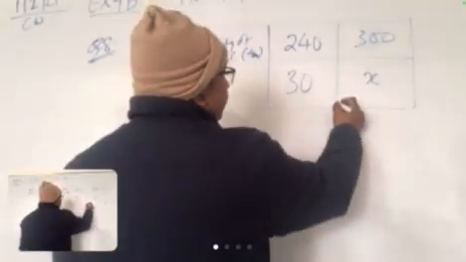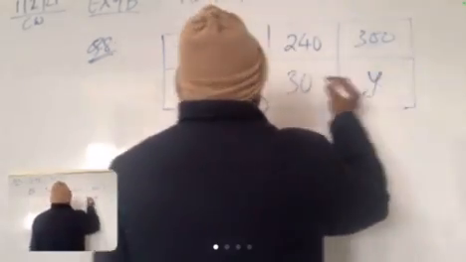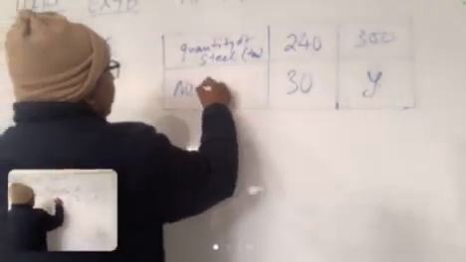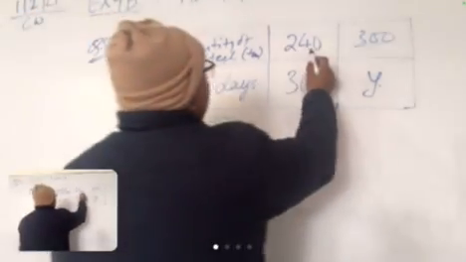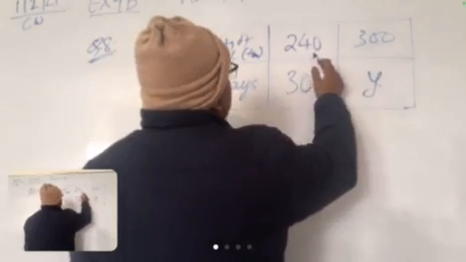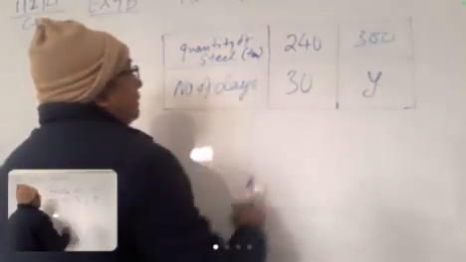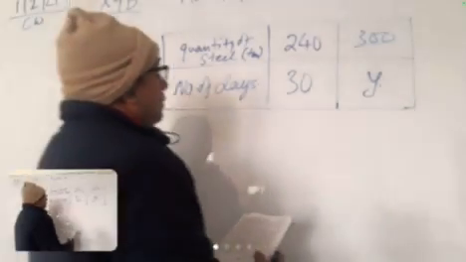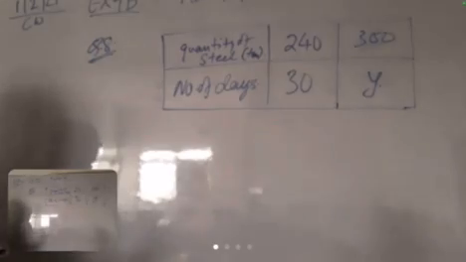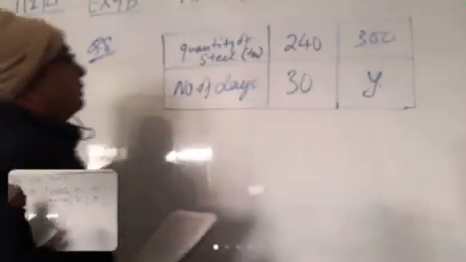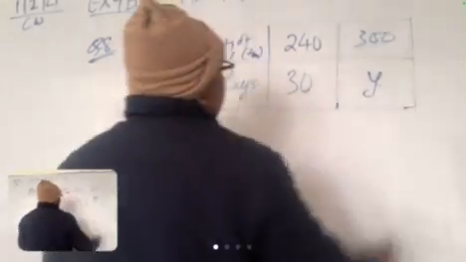Now you see, here is y, sorry. You can write second in second. And now this is number of days. Now see, the quantity of steel is increased. The number of days, 240 in 30 days, so 300 in y days.